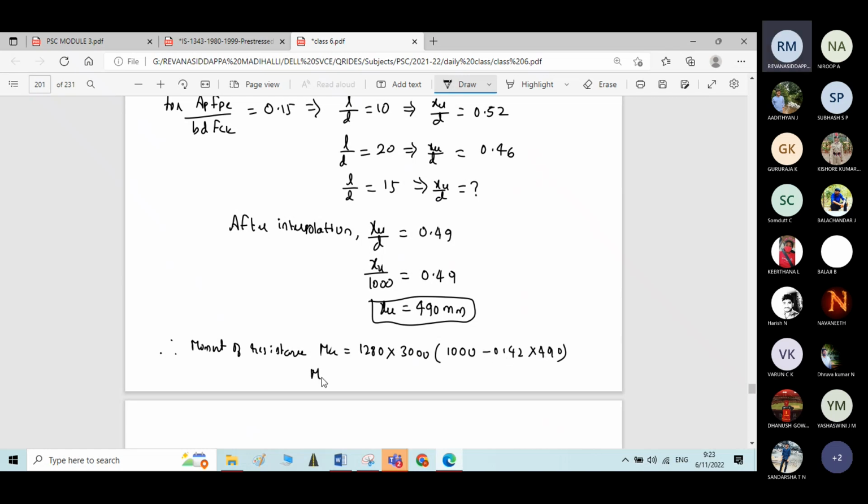By this we'll get the answer as 3.049 into 10 power 9 Newton millimeter. So you can rewrite this as 3049 into 10 power 6, which in terms will be 3049 kilonewton meter.